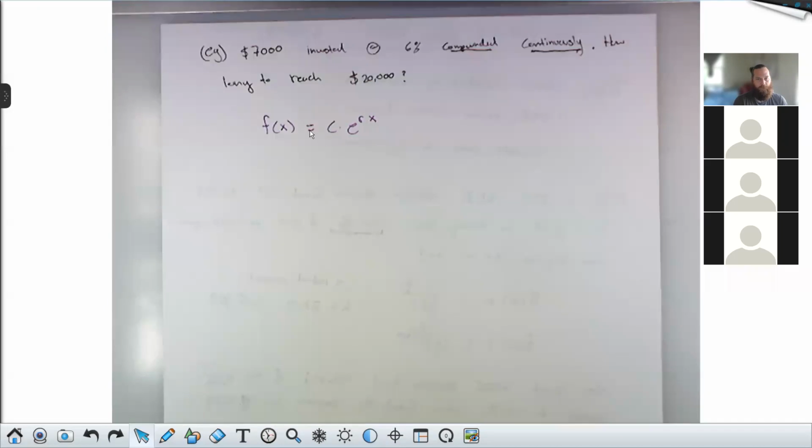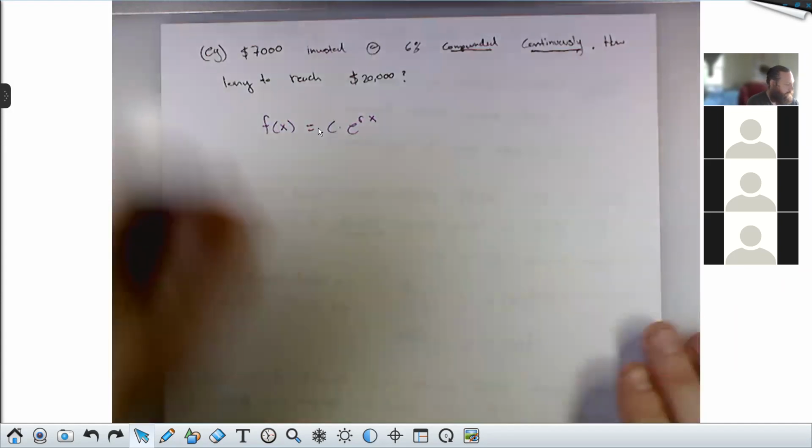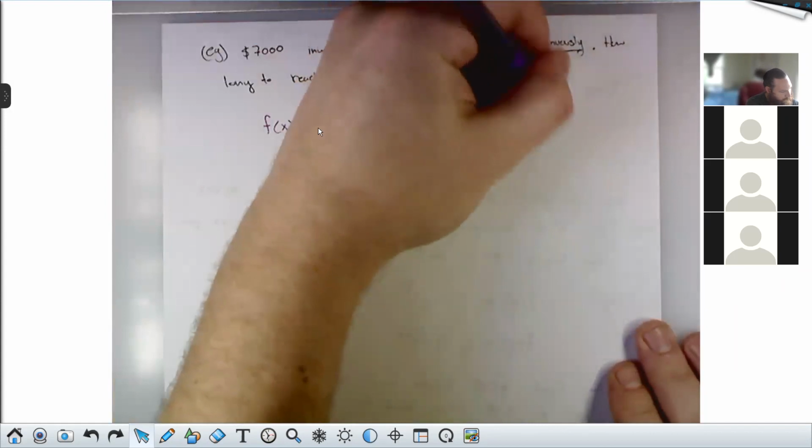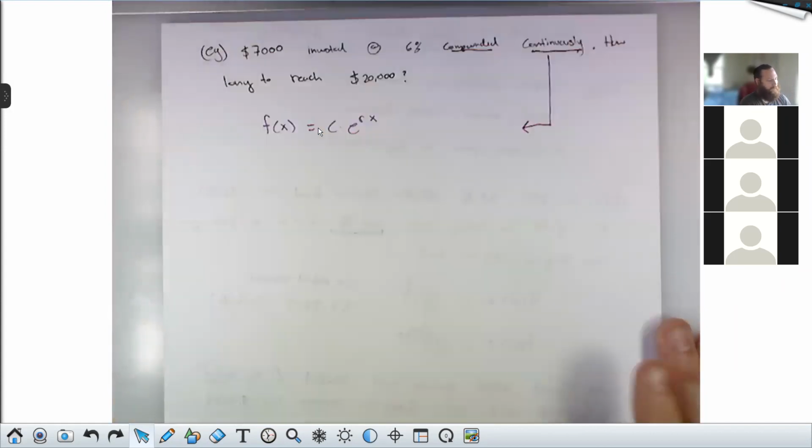Sometimes you'll see this as P e to the rt if you're using t as your variable. Specifically, when you're thinking about investments, they use P for the principal rather than C for the initial amount, but they mean the same thing. So anytime you see continuous growth, you're going to use this.